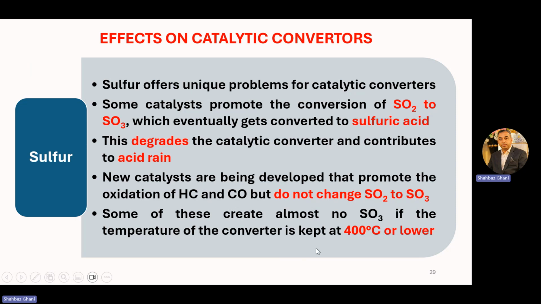So we have to reduce the temperature to 400 degrees C or lower so that we do not get sulfur trioxide. That is the main source of converting this into sulfuric acid, and that in turn causes acid rain. So sulfur has a peculiar effect on your catalytic converter. This degrades the catalytic converter and contributes to acid rain.